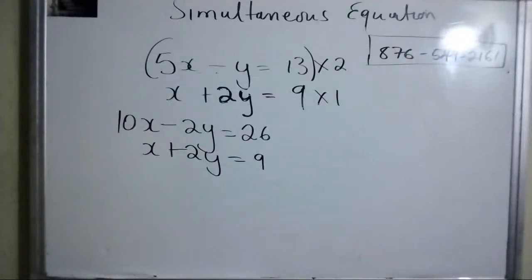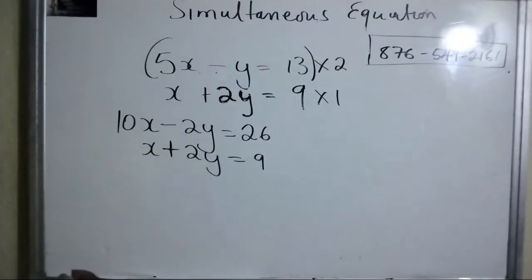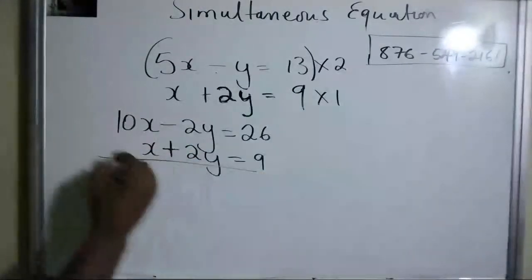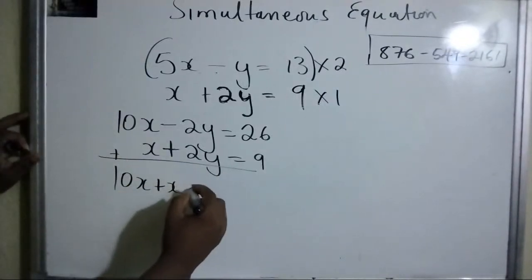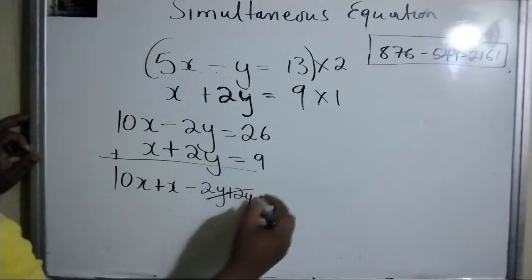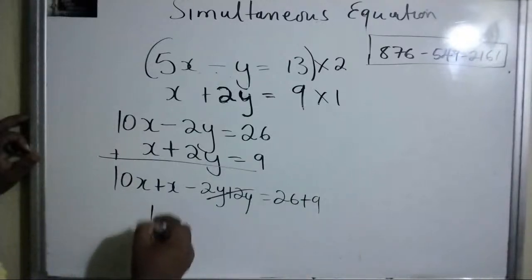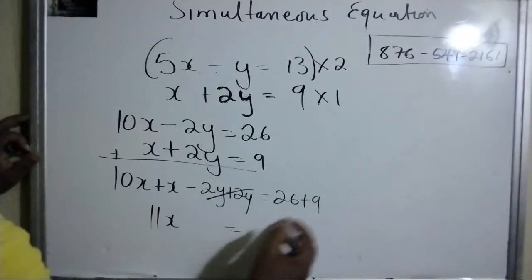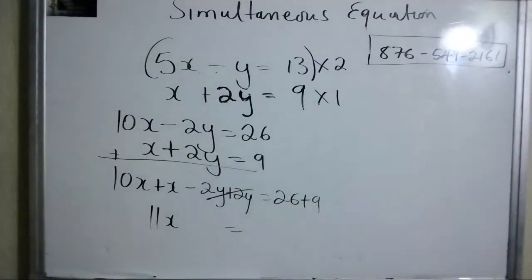Remember, we're going to add, so we get rid of the y, because one is negative and one is positive. So we add: 10x plus x, minus 2y plus 2y, so this is 0, and then 26 plus 9. So this gives us 11x.